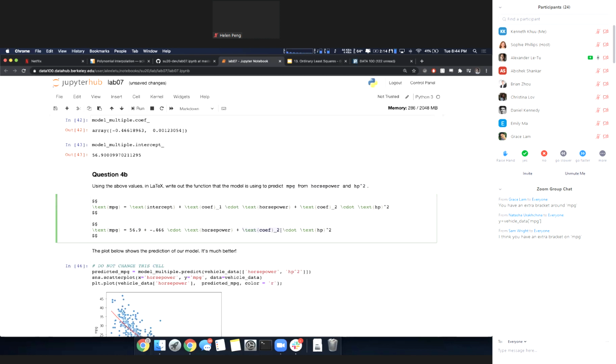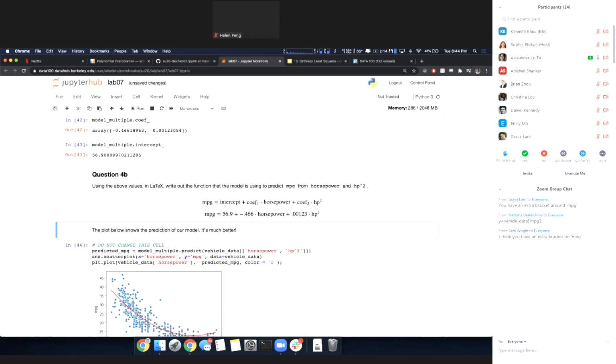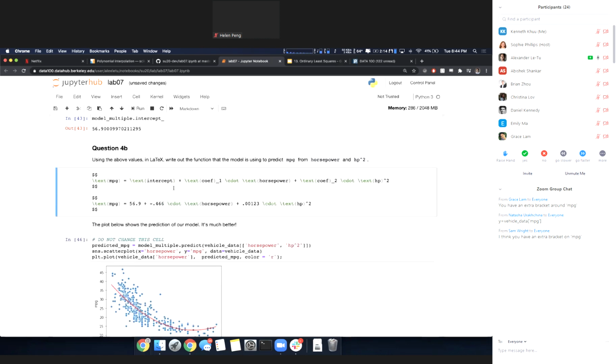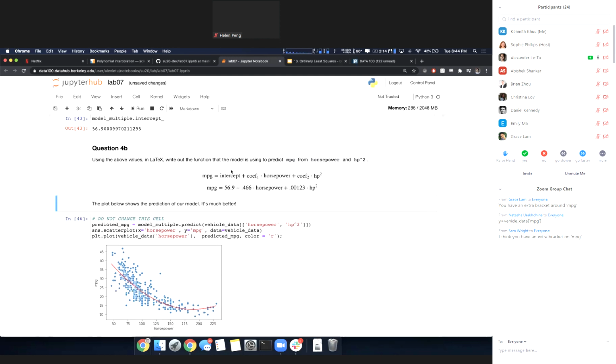And our coefficient 2 is going to be 0.00123. Let me get rid of that plus. There we go. So our miles per gallon is predicted to be 56.9 minus 0.466 times the horsepower of whatever car we're looking at, plus 0.00123 times the horsepower squared.